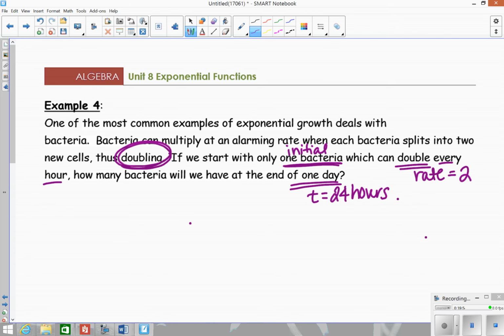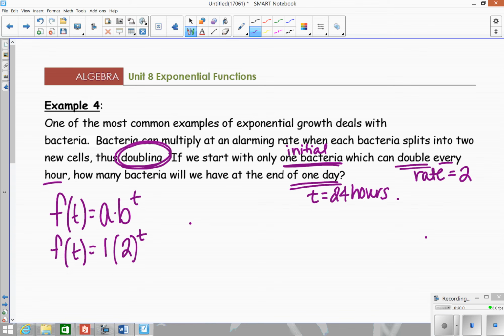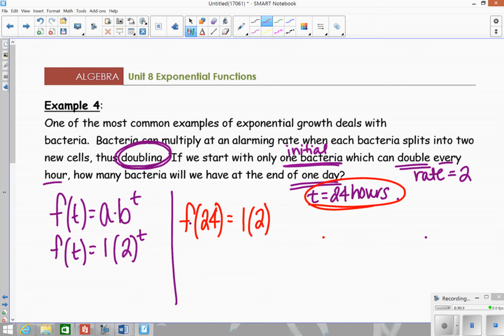So our formula for this is going to be f of t. We're going to use the rate formula, a times b to the t. So f of t, our initial was 1. It's doubling. And then if we want to find after 24 hours, 1 day, I'm going to go ahead and plug in 24. So we have 1 times 2 raised to the 24.